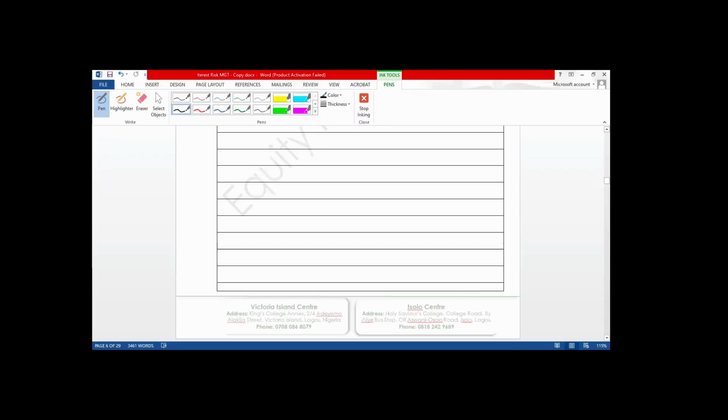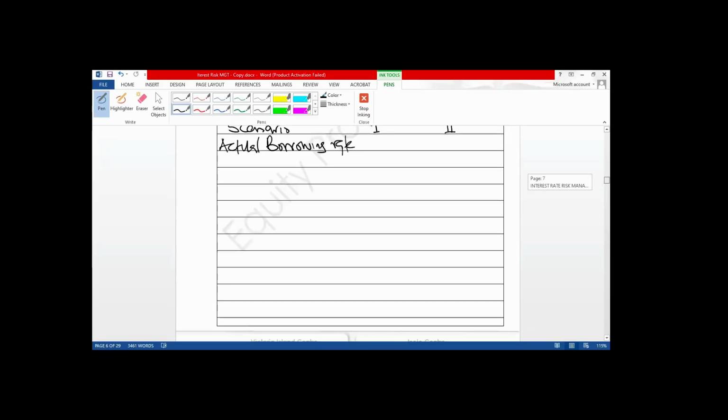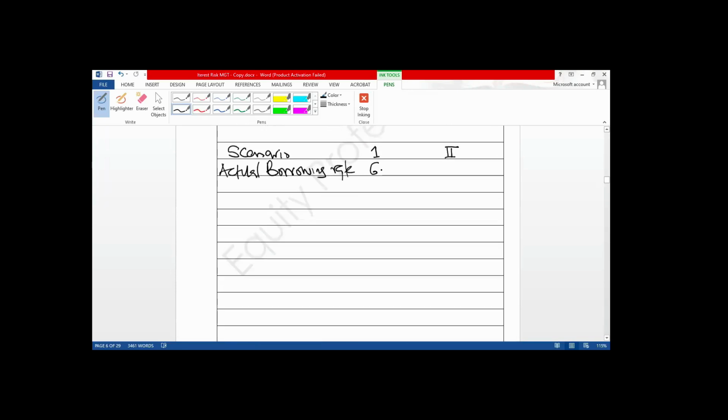The actual interest rate on the borrowing date happens to be 6.50% or 4.50%. Your FRA rates, 5.94%.